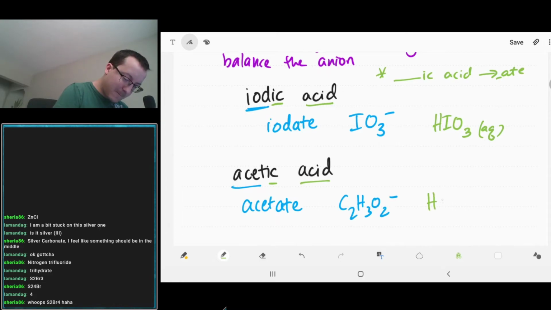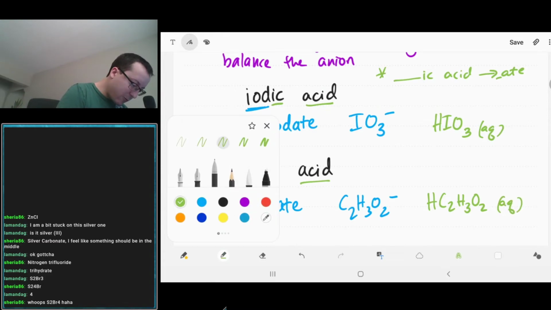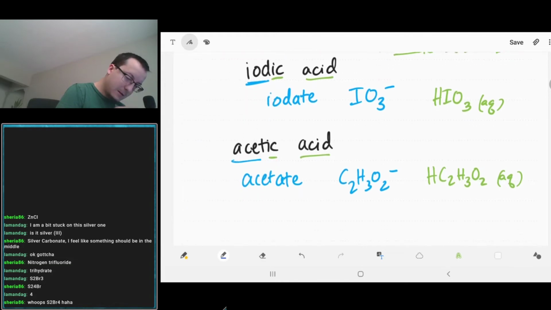Same thing here. Notice we will keep that one separate.